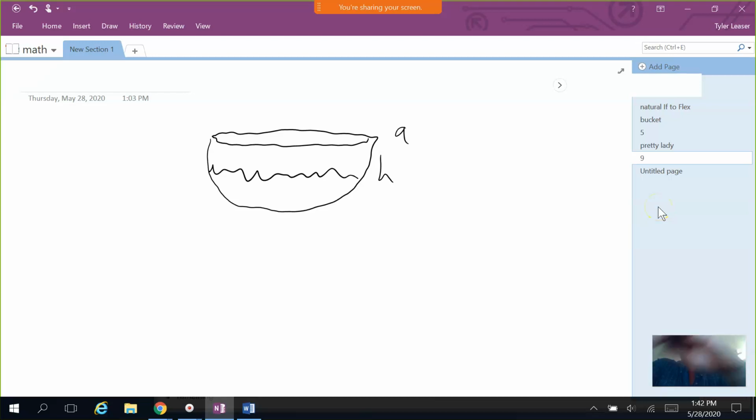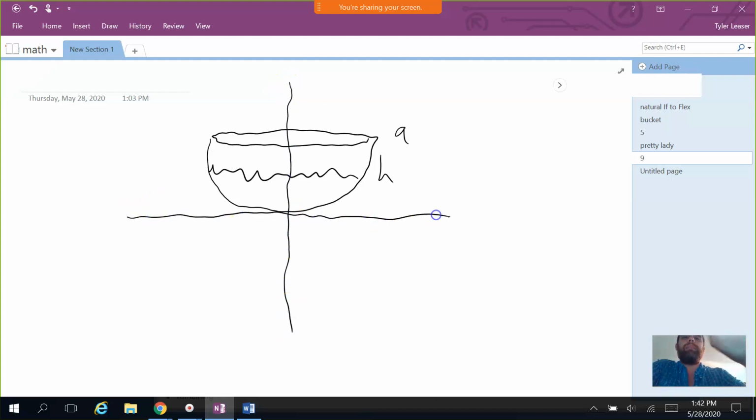What you need to do for this question is first make your origin. I think it's easiest to put the origin at the bottom of the bowl. Then the bowl goes up to A, and then it has the water located at h on the bowl. You might also want to put the origin at the top and try it that way if you like. The first thing that we need to do, if we're trying to find the volume of the water inside of the bowl, is come up with the formula for the outside of the bowl.